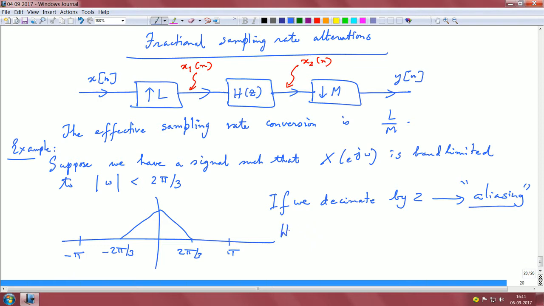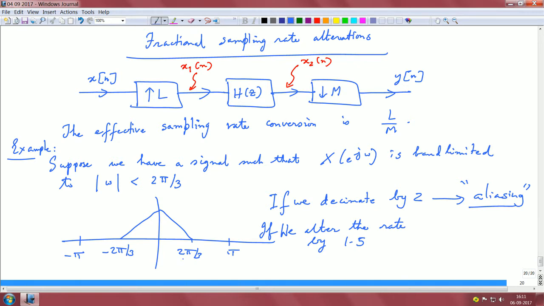But if we alter the rate by 1.5, right, if you alter the rate by 1.5.